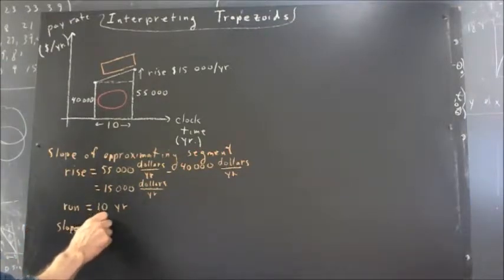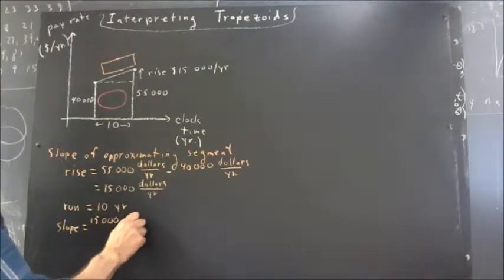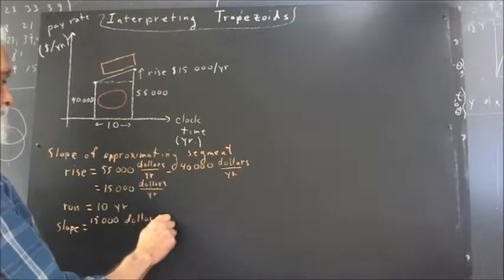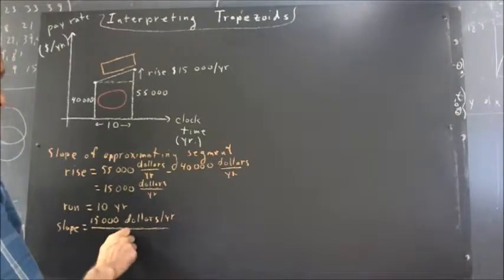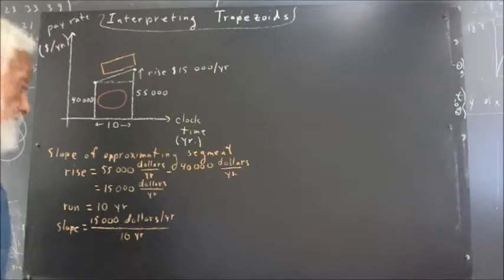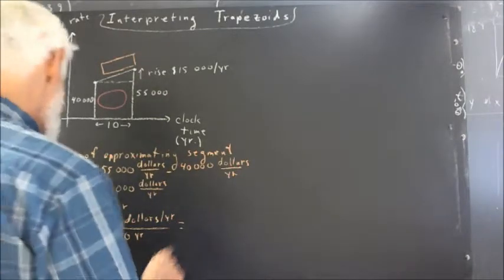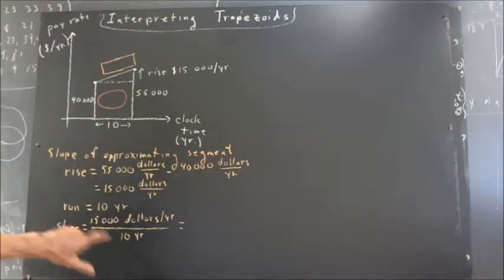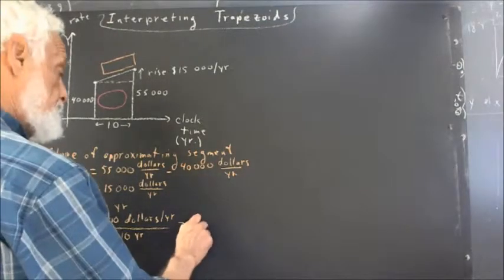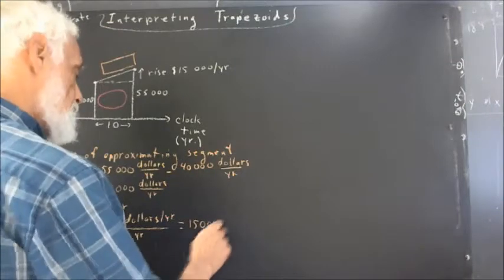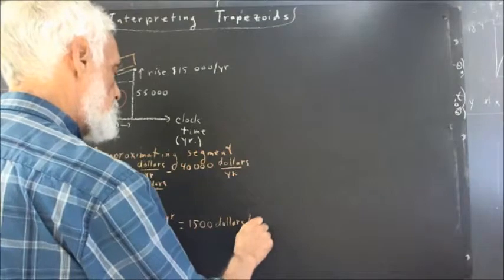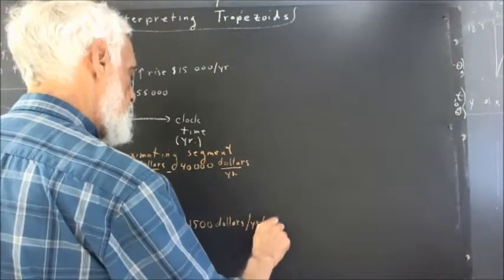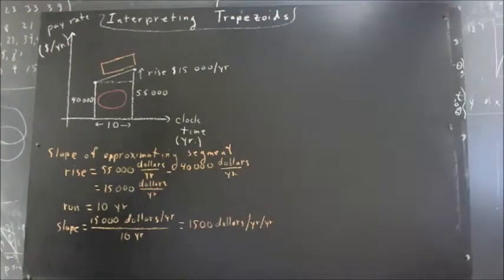That's $15,000 per year, divided by 10 years, which is $1,500 per year. Okay, we have dollars per year here divided by years here.